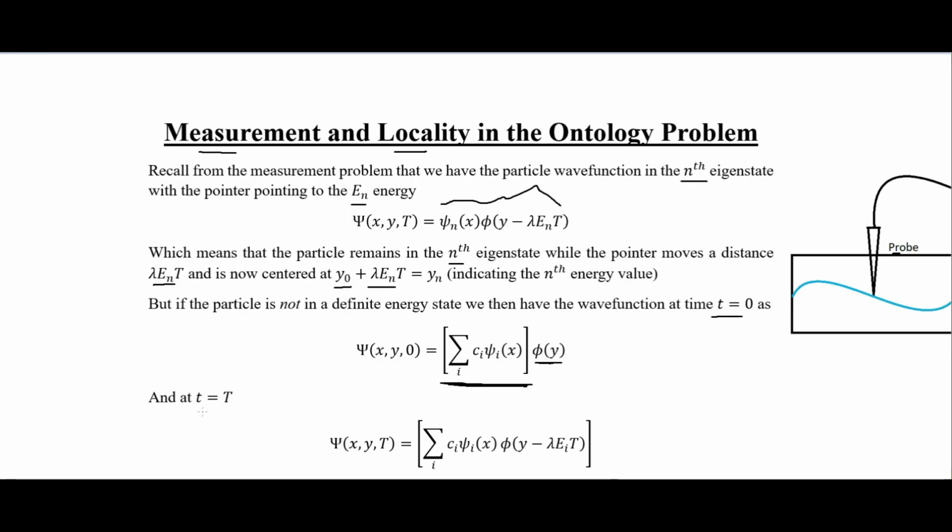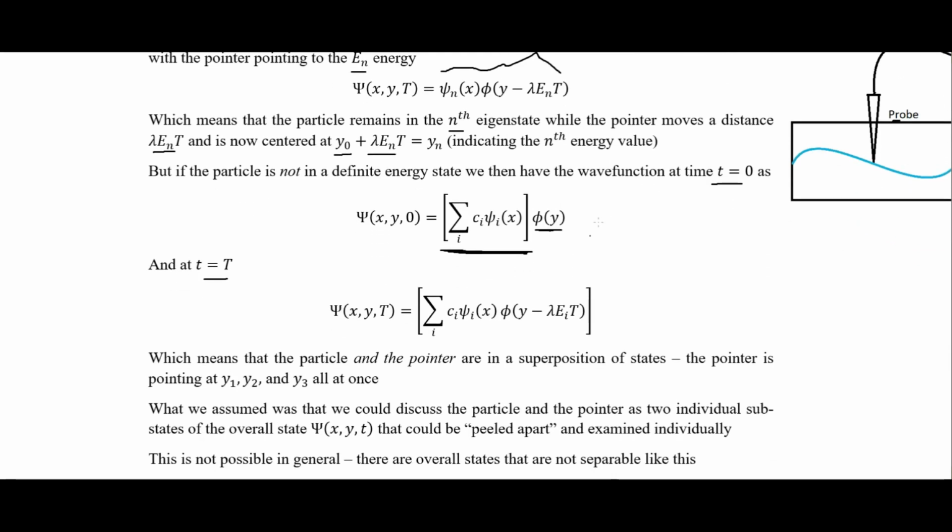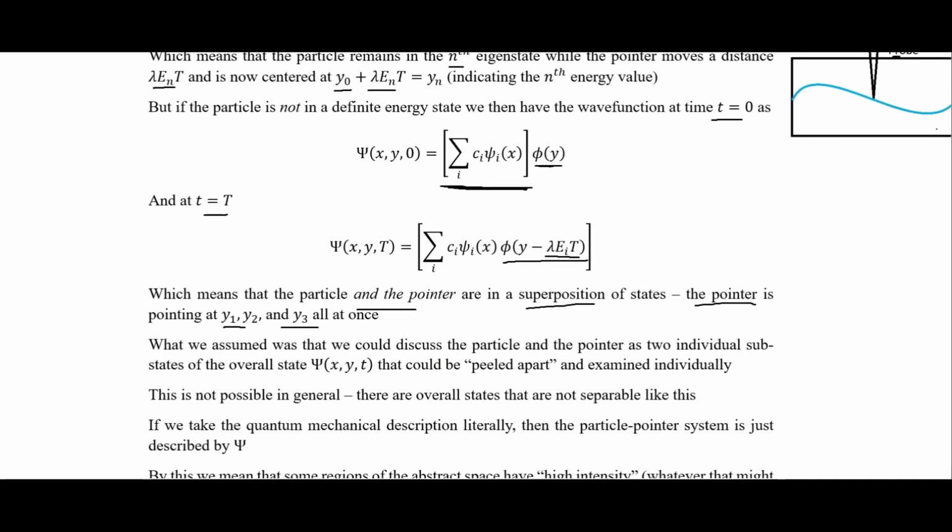Then at time t equals capital T, our pointer is now in this superposition as well. So it's pointing at all of the states at once. In the superposition of states, the pointer is pointing at y1, y2, and y3 all at once, if we're saying that we have a 3 energy superposition here.